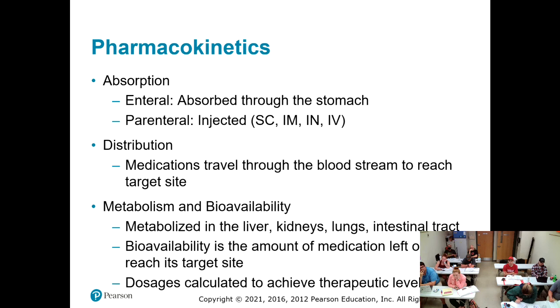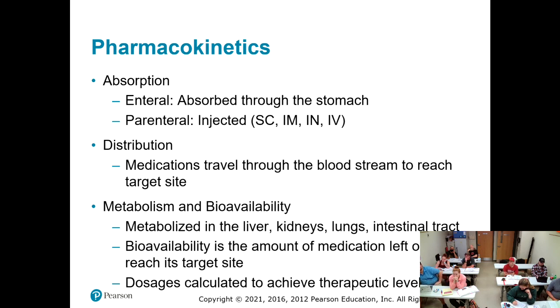Metabolism and bioavailability. Some medications are metabolized in our liver, our kidneys, our lungs, our GI tract. When it's metabolized, we're looking for a therapeutic index or therapeutic threshold. Part of that medication is metabolized and may not play an effect or reach the target receptor sites. That's why drugs have dosages.